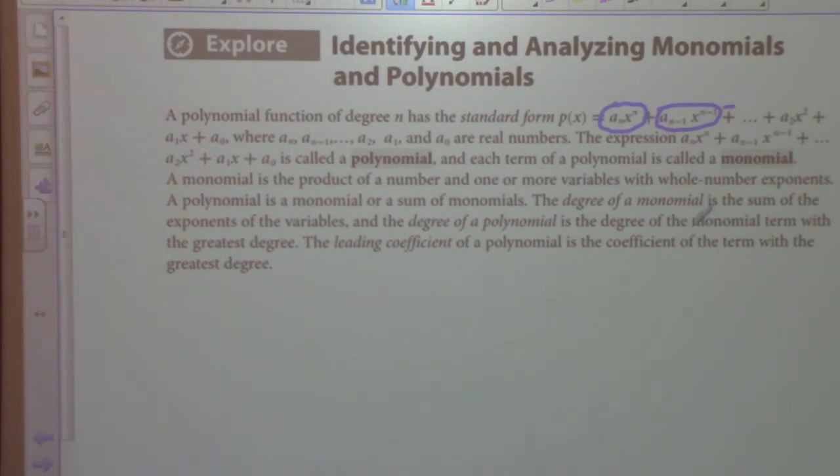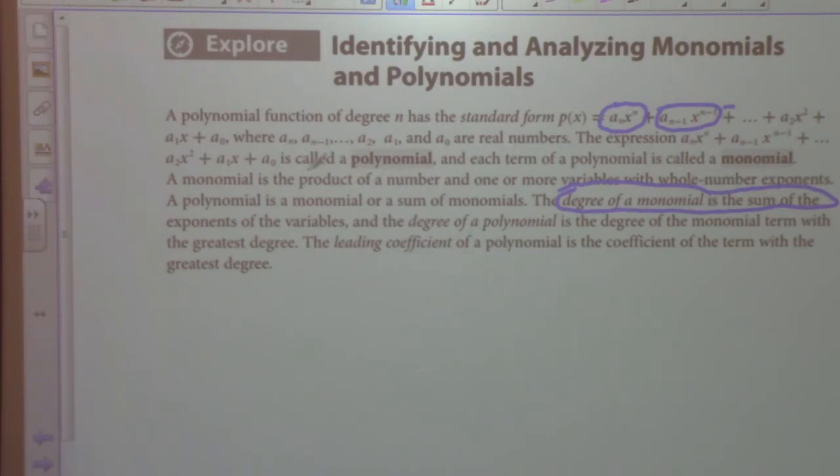A polynomial is a monomial or a sum of monomials. And here we're getting into some other vocabulary. The degree of a monomial is the sum of the exponents of the variables. Usually with a polynomial, there's only going to be one variable, which usually happens to be x, as we have in a standard xy coordinate plane. What's a monomial?